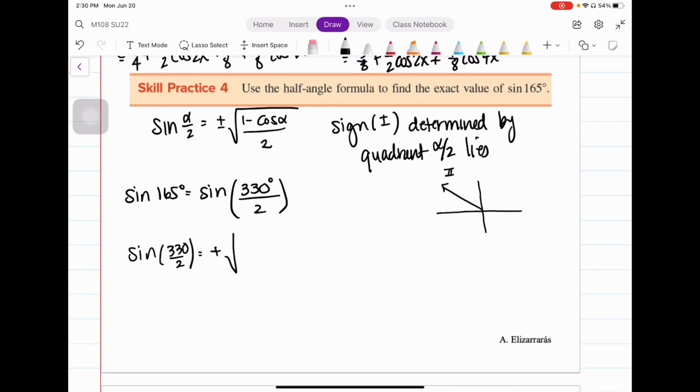So using the formula, the sine of 330 over 2 is going to be equal to the positive square root of 1 minus the cosine of 330 divided by 2. That's positive. 1 minus the cosine from the unit circle is the x value at 330, which is root 3 over 2.